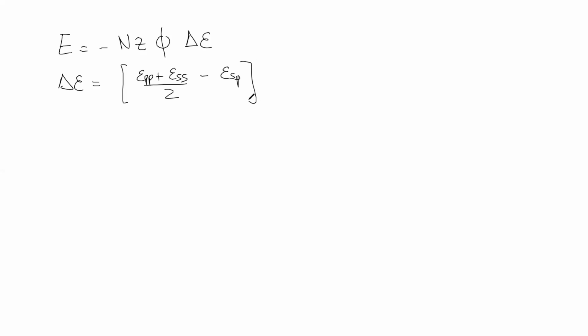So it's a much more compact form for the energy. And I could also put the half in front. So it's epsilon PP plus epsilon SS minus 2 epsilon SP.